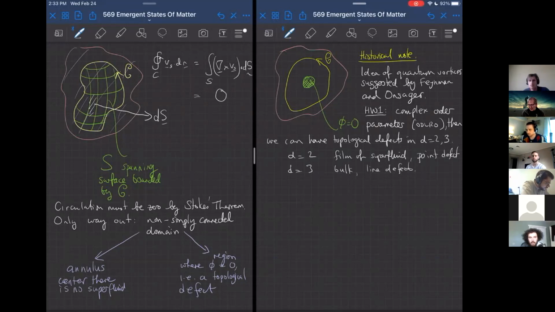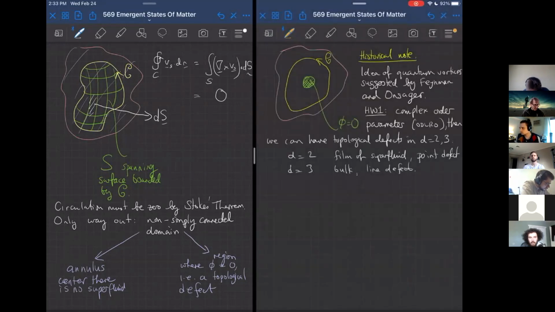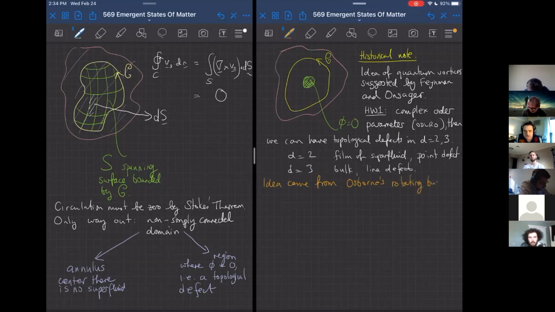Now, what Feynman and Onsager were trying to understand was actually an experiment, and the experiment was quite interesting. So the idea came from experiment, and this is Osborne's rotating bucket experiment. What is the basic idea?